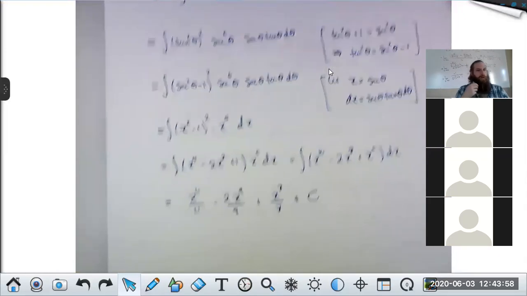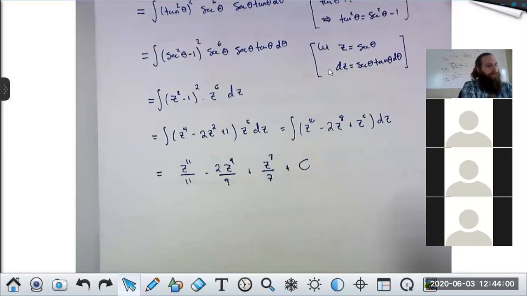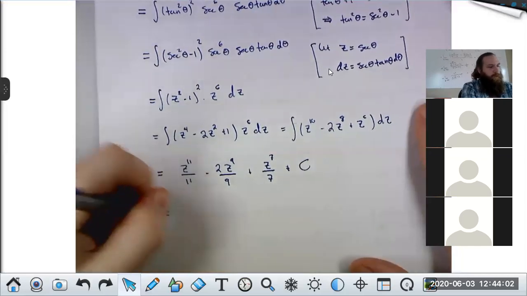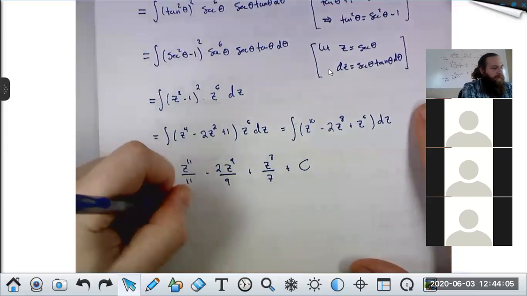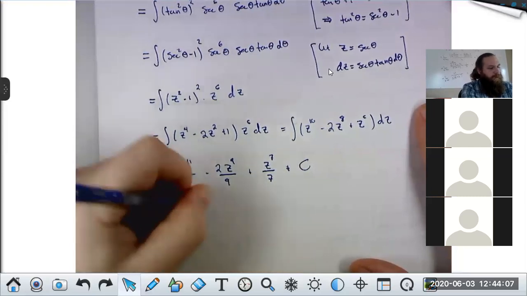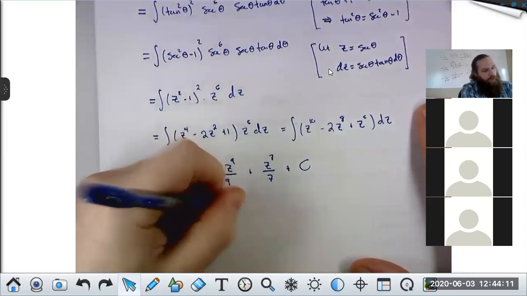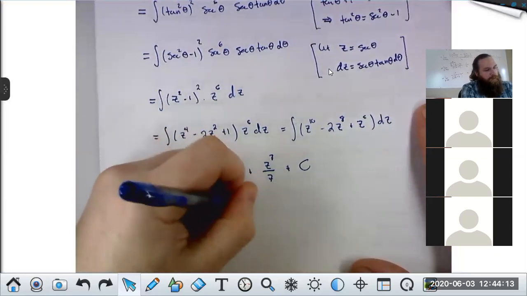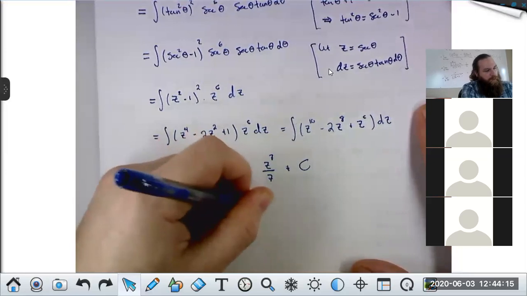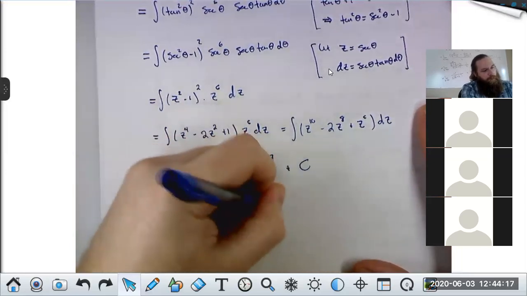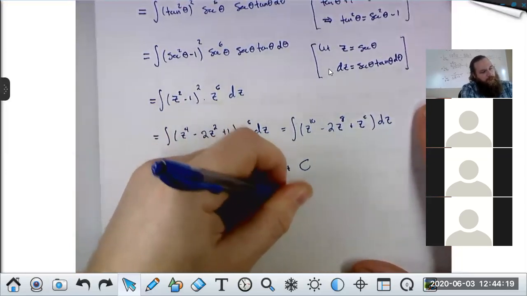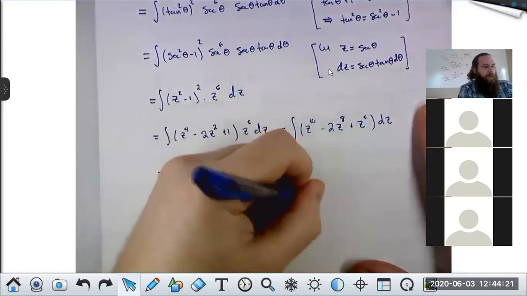And then finally, we go back to our original variable. Because it's an indefinite integral, we have to do that. I get the 11th power of the secant function over 11 minus 2 times the 9th power of the secant function over 9 plus secant to the 7 theta over 7 plus a constant.